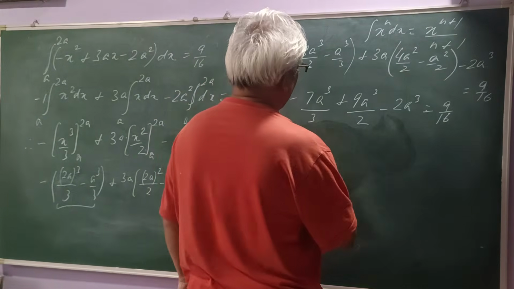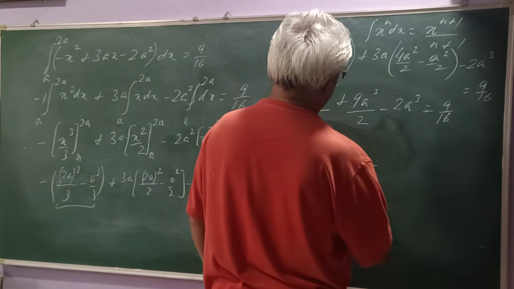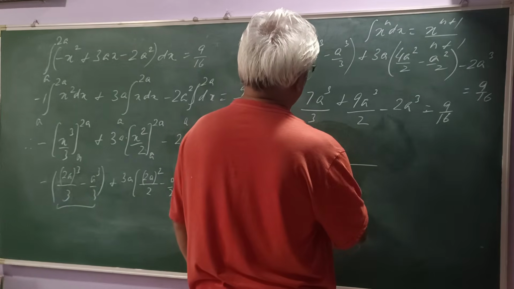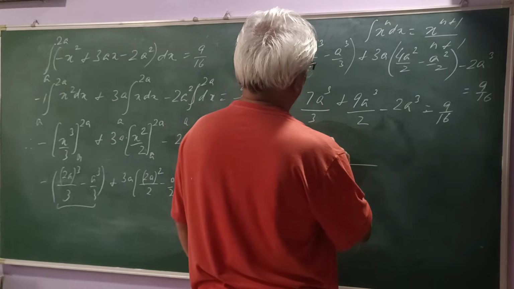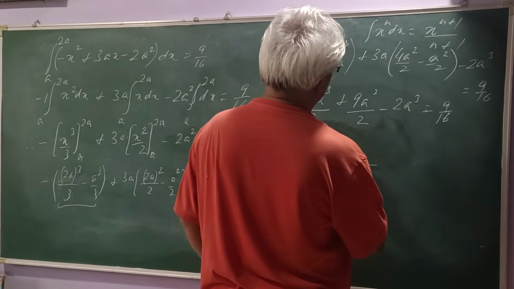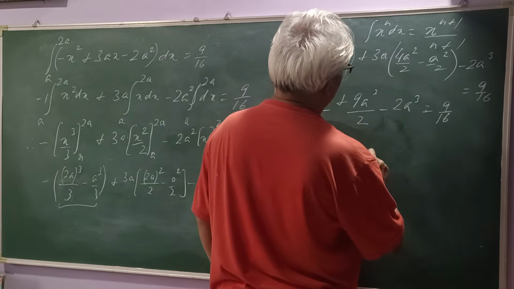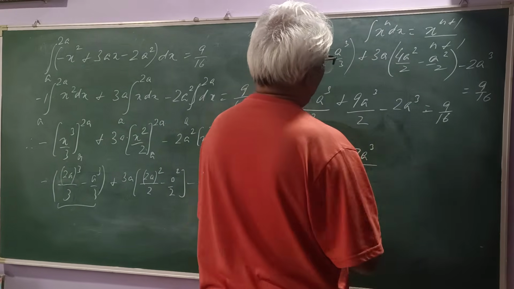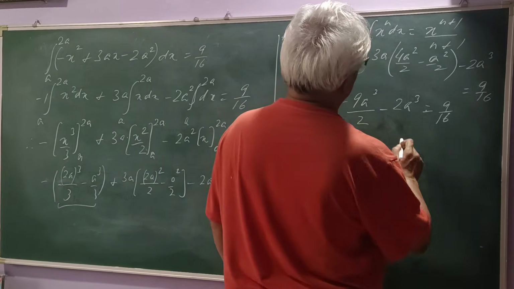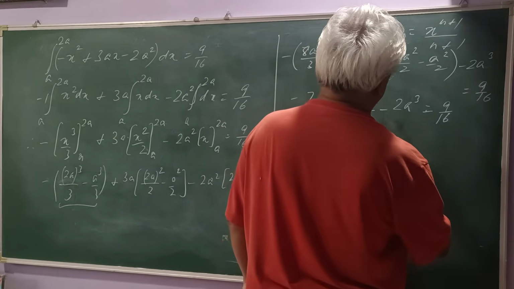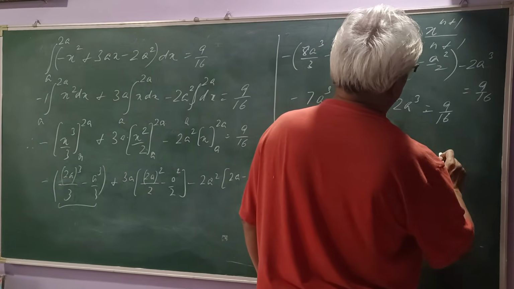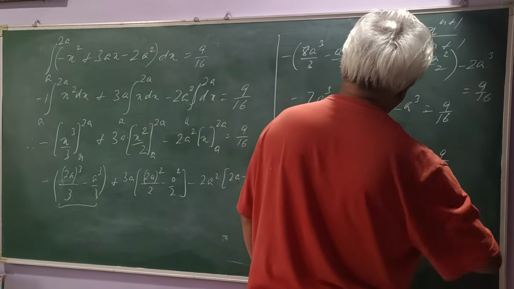So I take LCM, which will be 6. This becomes minus 14a cube, plus 27a cube, minus 12a cube. This is equal to 9 over 16.